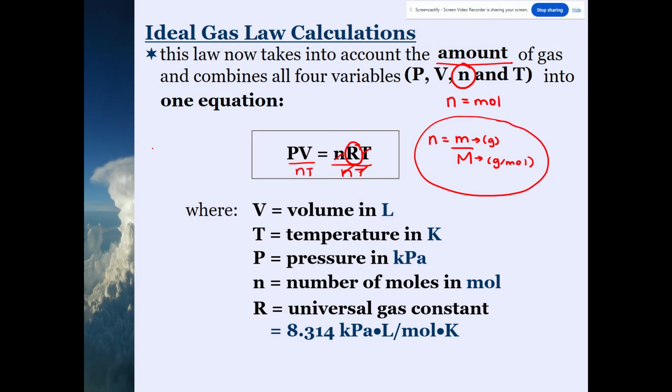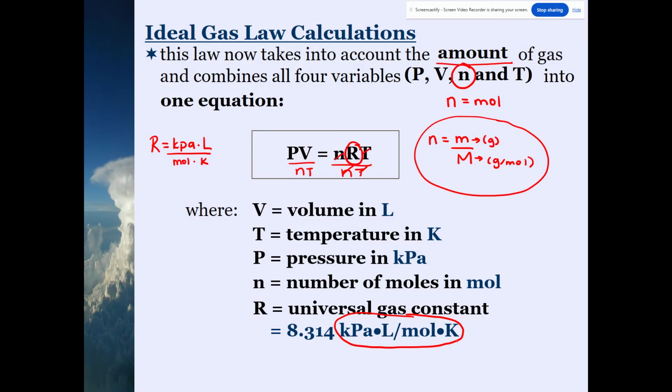So if I were to solve for R, I would have a number from the pressure, which would be in kilopascals, a number from the volume, which would be in liters, over moles, and then temperature, kelvins. So that's what those units are for R. Kilopascal liters over mole Kelvin, okay?